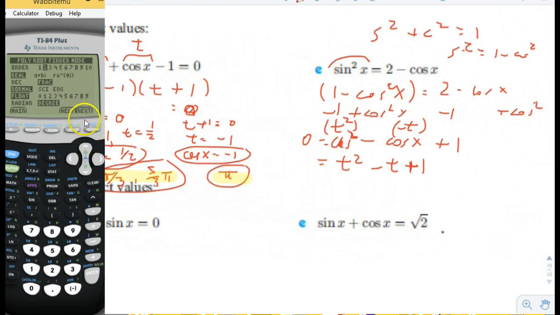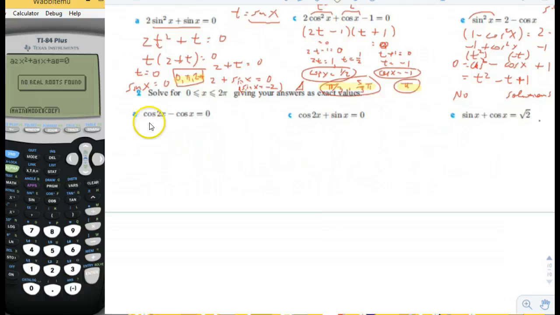Then we're going to press next, and then we're going to give it the coefficients, which are 1, -1, and 1. Solve. No real roots. Okay, so there are no solutions to this one, at least no real ones, and we haven't talked about imaginary numbers, so that's it.